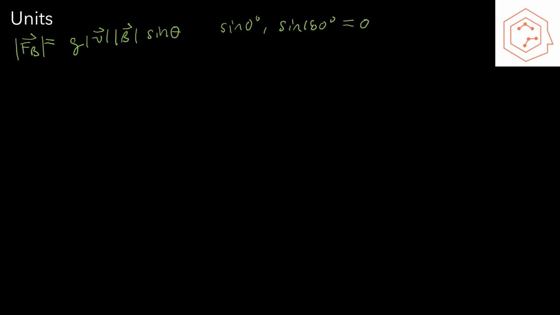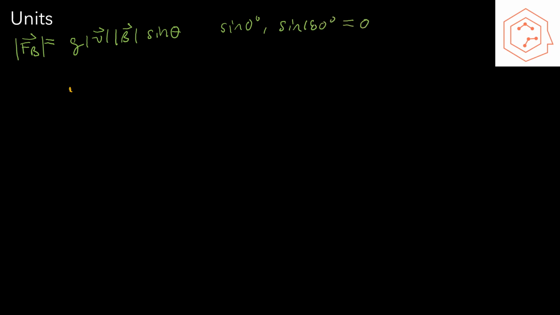Now, two things to note from our force equation. So we have F_B is equal to QvB sine theta in magnitude. So one thing is that we know that sine of 0 degrees and sine of 180 degrees are both equal to 0.